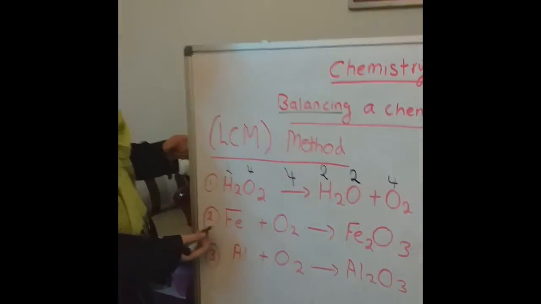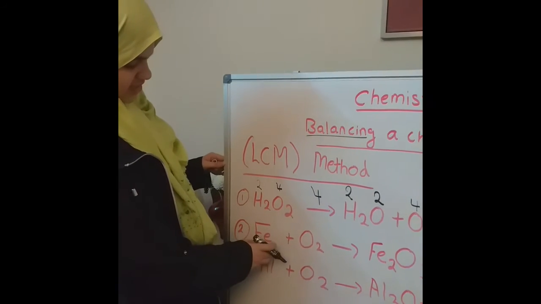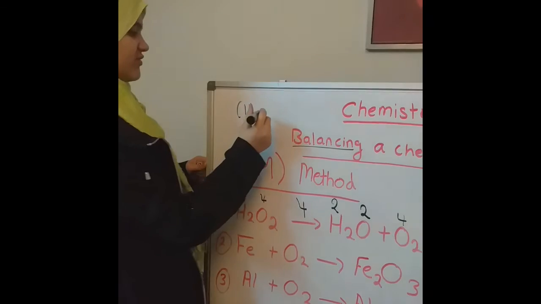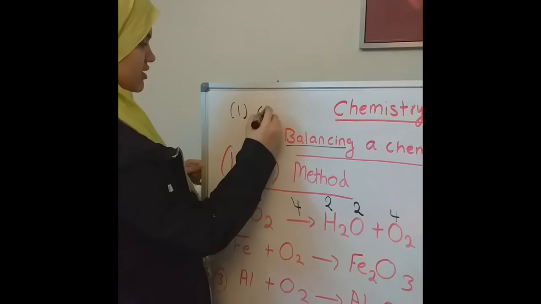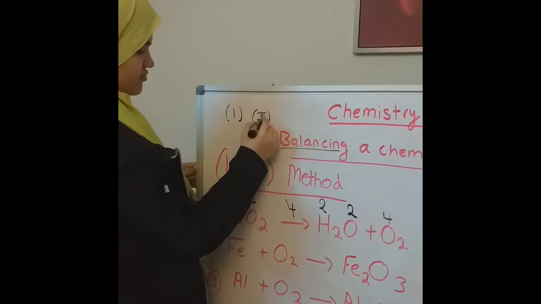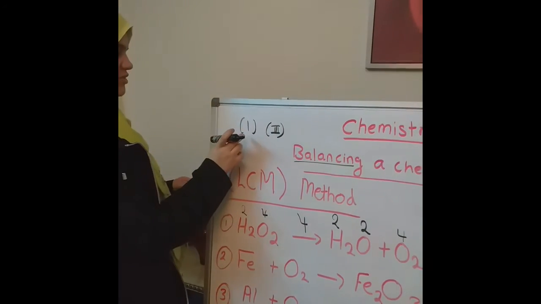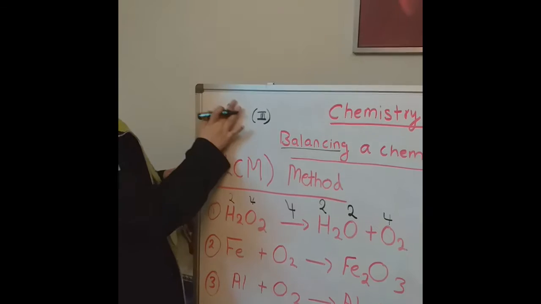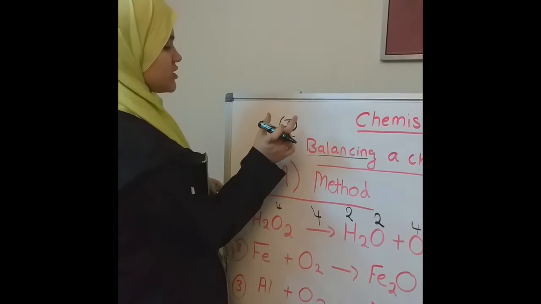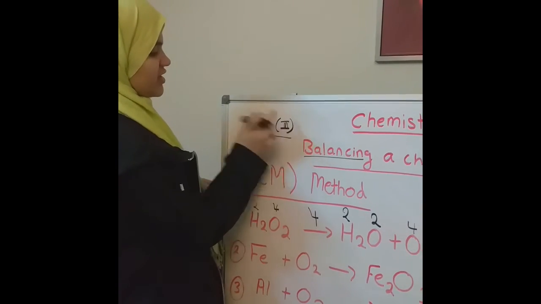So iron: we know that iron has valence number 1 and valence number 3, or valence number 2 and valence number 3. We will discuss only valence number 3. Why do we choose valence number 3?